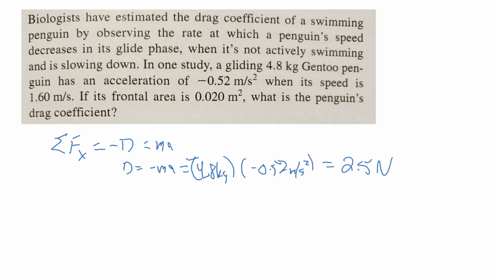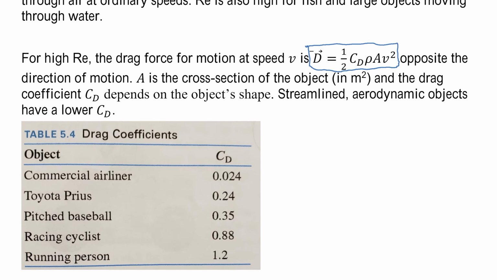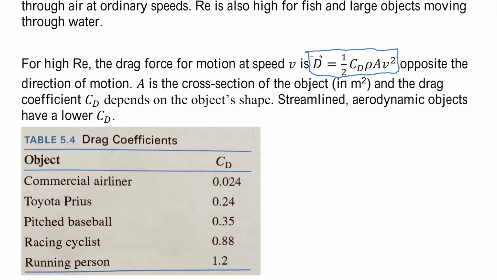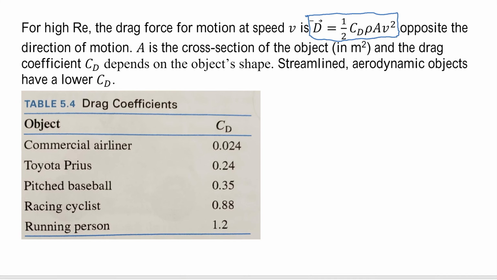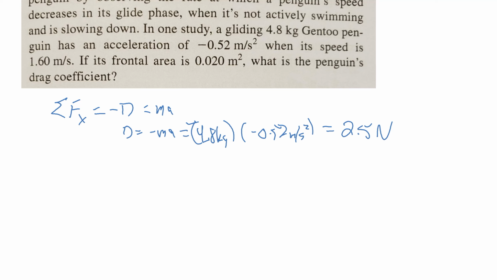Now we can use the drag formula that we just had. So if I just bounce back here real quick, our drag formula, we had to calculate that force, okay? Now we can use that equation. So drag equals 1/2 times the coefficient of drag times rho times A times V squared.